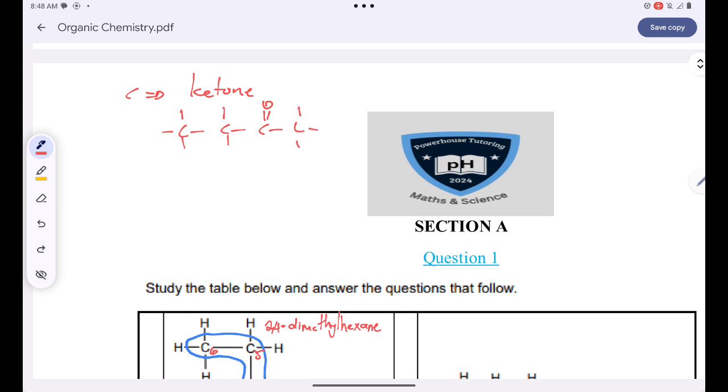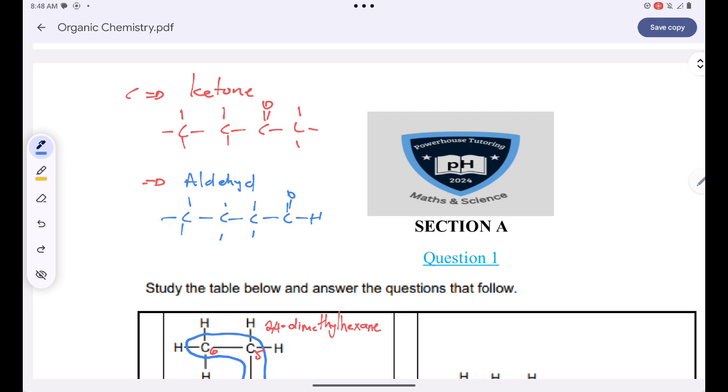Are you together? If the compound was an aldehyde, you'll have your double bond O on the terminal carbon. You'll write your H's there.